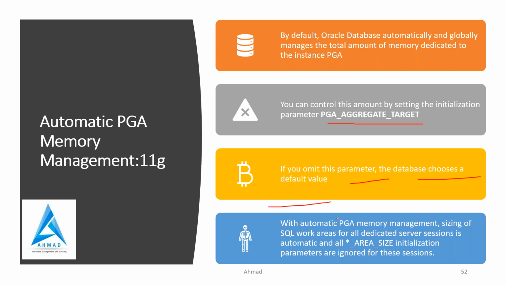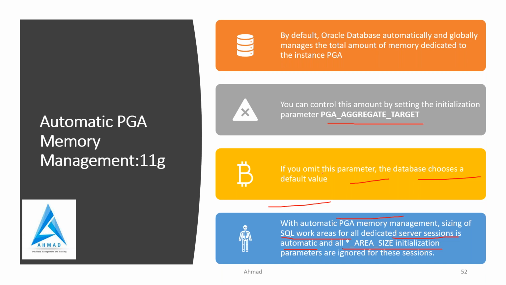So with automatic PGA memory management, we know that the SQL work area for all dedicated server sessions is automatic, and all the *_AREA_SIZE parameters are ignored for that session, because we know that we have bitmap area, hash area.